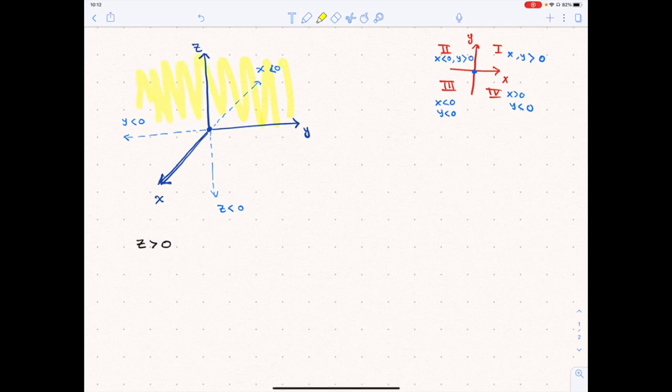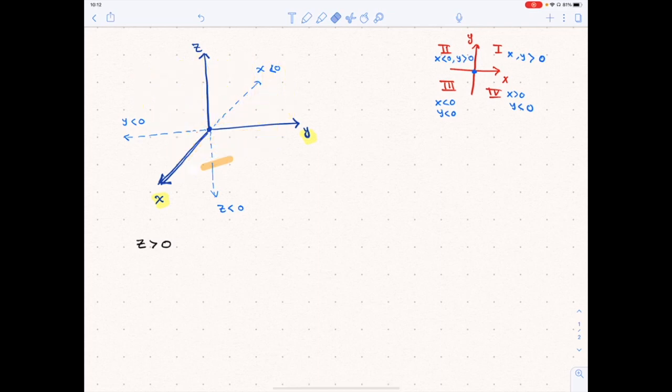And where you're above the XY plane, then you go around and look at the XY plane and label as you would the quadrants.